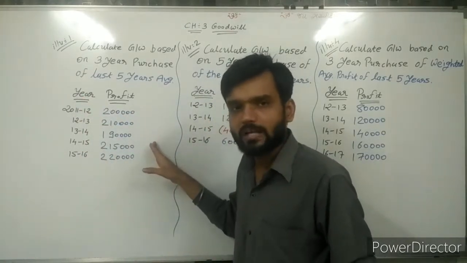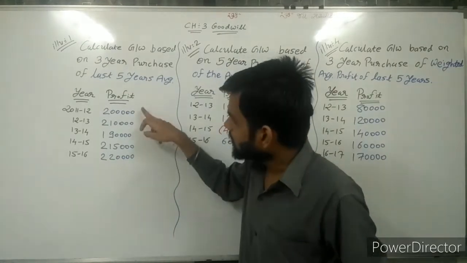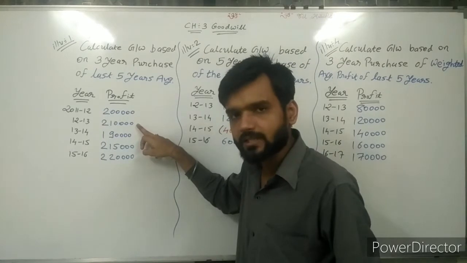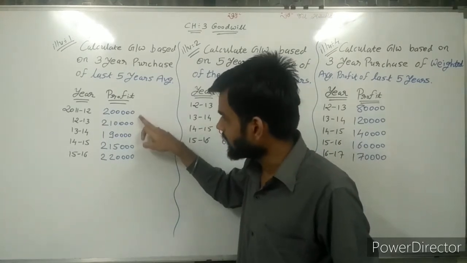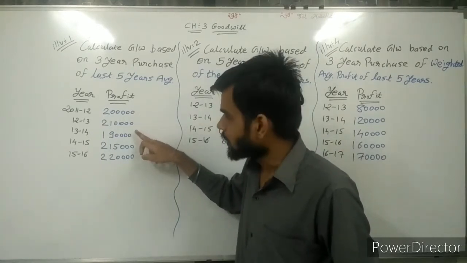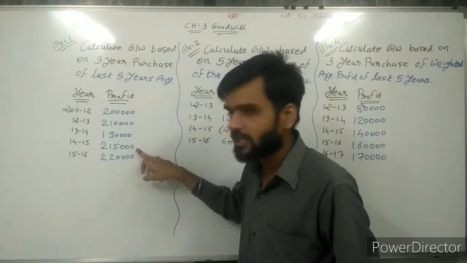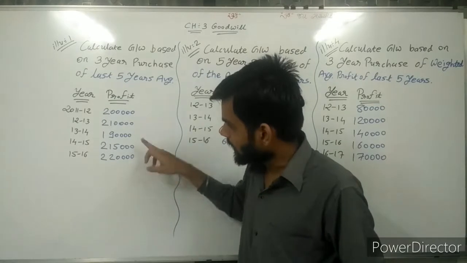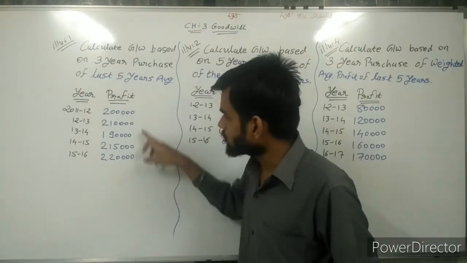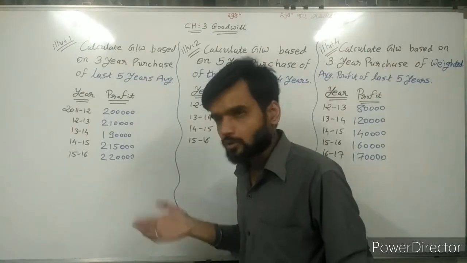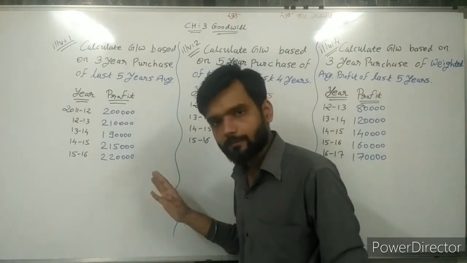Now see the profits of those 5 years. First year profit is 2 lakh rupees. Second year profit 2 lakh 10,000, so profit increased. Third year 1 lakh 90,000, so profit decreased. Again profit increased to 2 lakh 15,000, and again increased to 2 lakh 20,000. So first increase, then decrease, then 2 times increase. This way profit is going on.